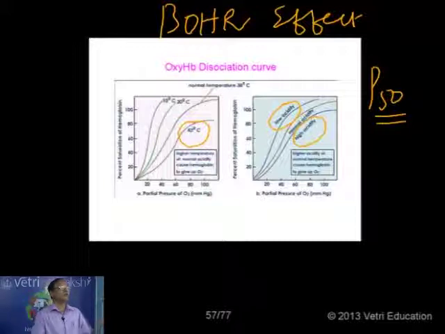This value also rises when the curve is shifting towards the right side, where you have high acidity and high temperature. This is with reference to oxygen transport.